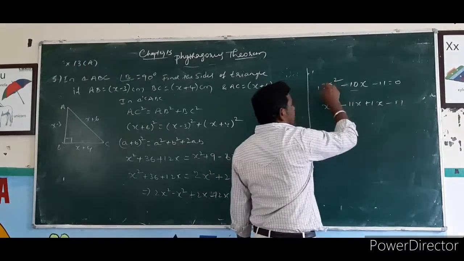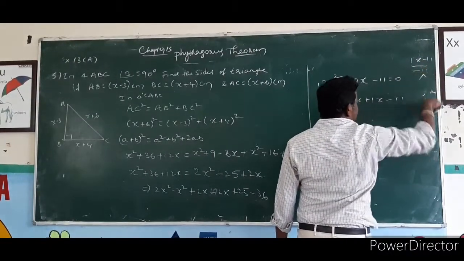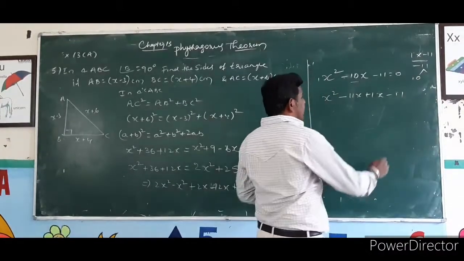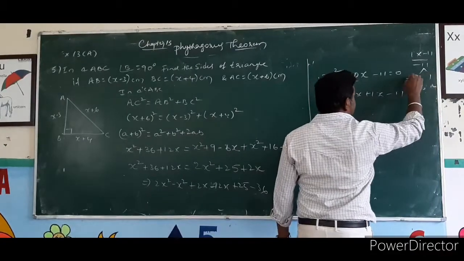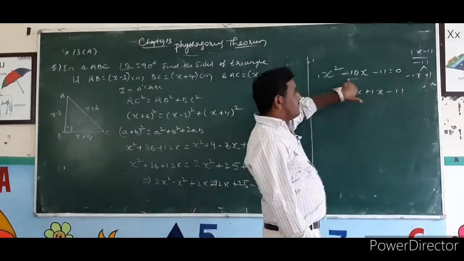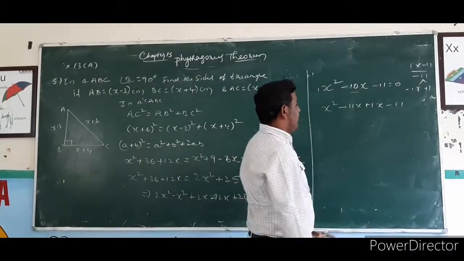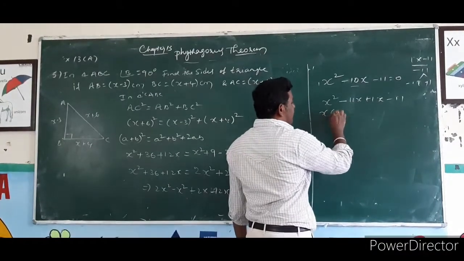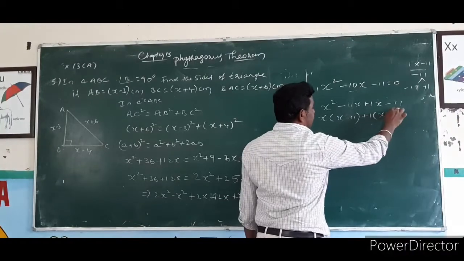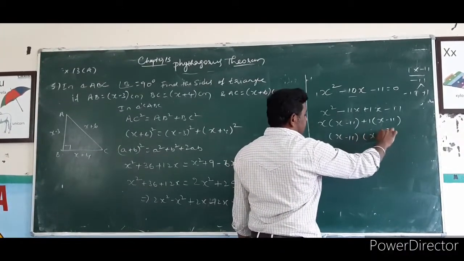Here 1 into minus 11 is minus 11, you have to divide it into two factors, that is minus 11 and plus 1. Minus 11 plus 1 will give minus 10, and minus 11 into plus 1 multiplies to give minus 11. Grouping and taking the common factor outside, x minus 11. Here also you can take x minus 11. So you will get (x minus 11) and (x plus 1).